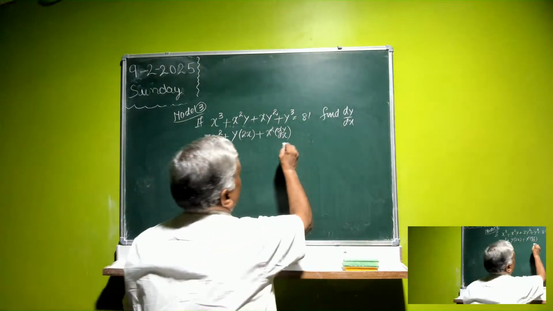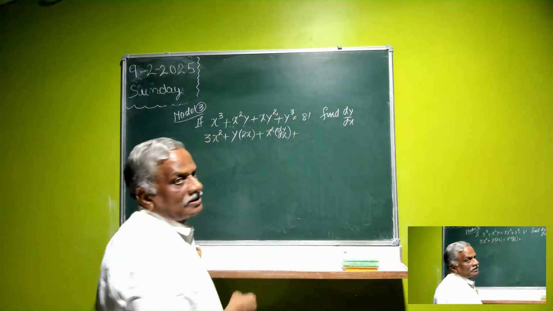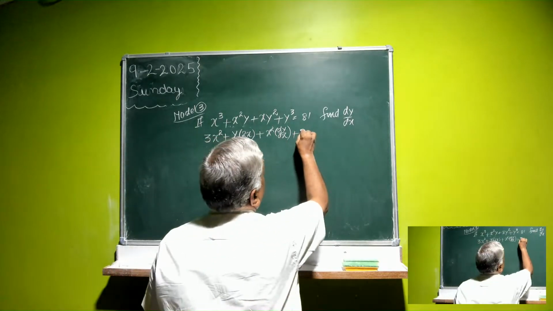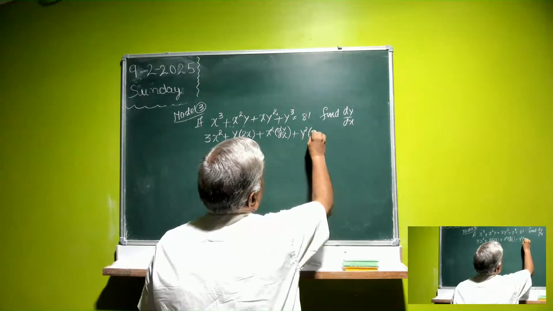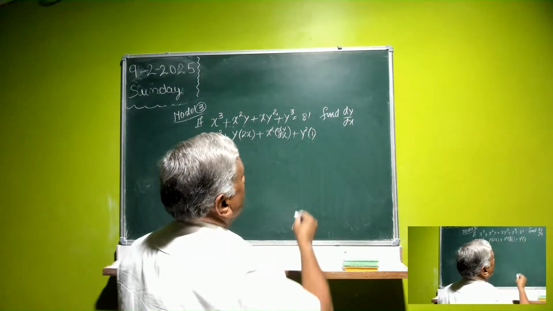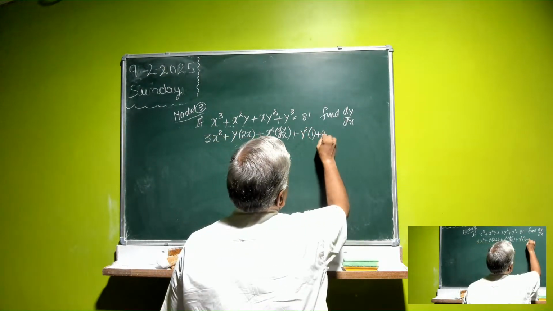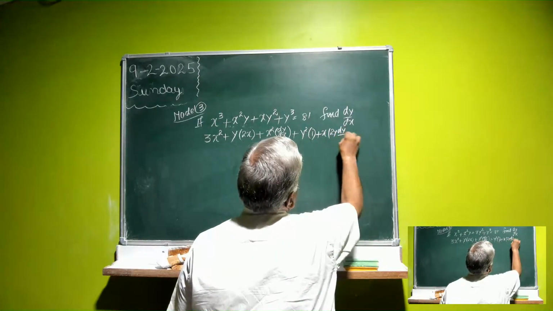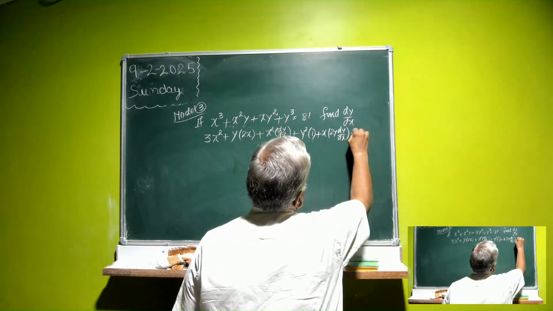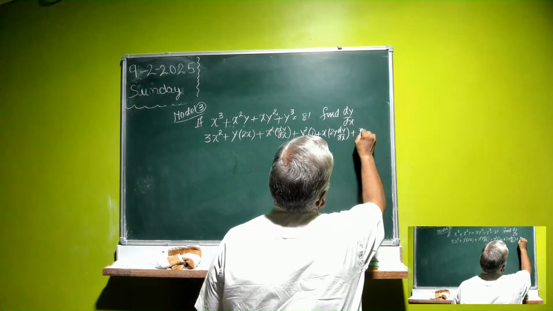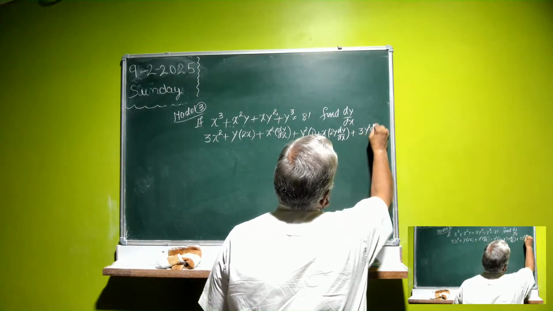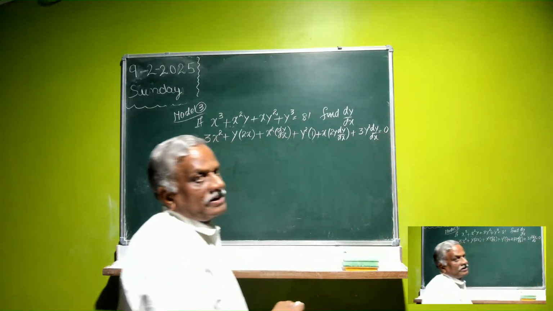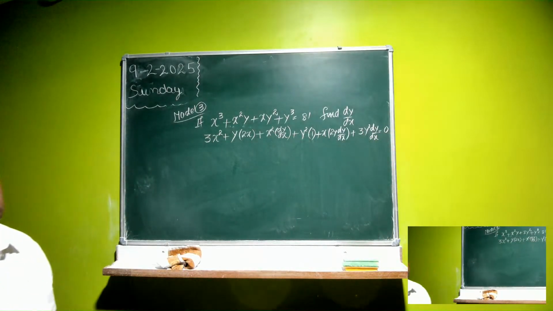Now I look at the next term. That is also a product. Same procedure. Keep y square, differentiate x, you get 1. Keep x, differentiate y, you get 2y dy by dx. Plus y cube is 3y square dy by dx. 81 is a constant, differentiation of a constant is 0.